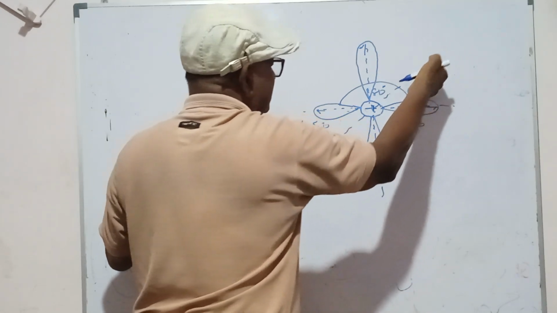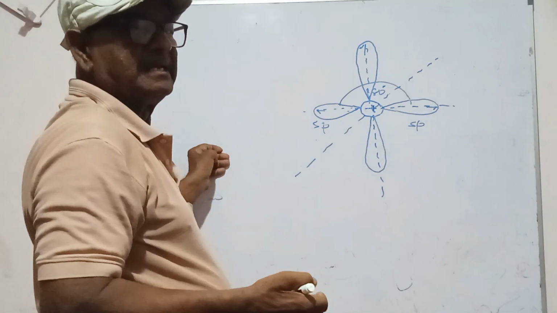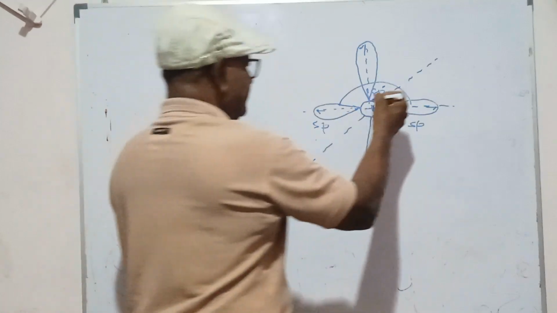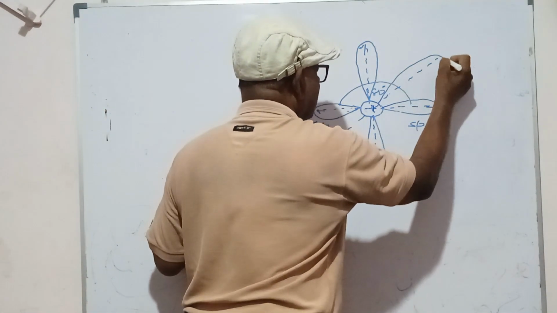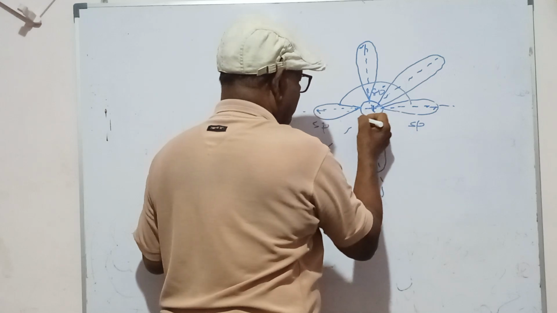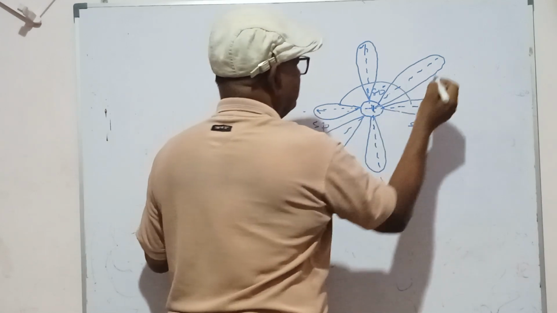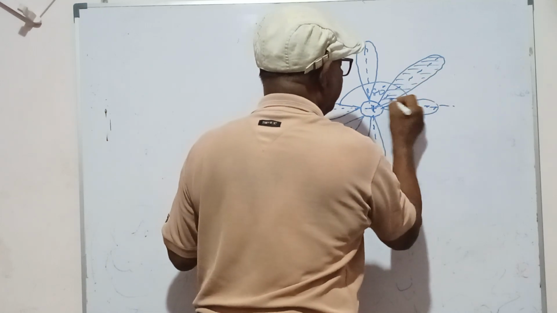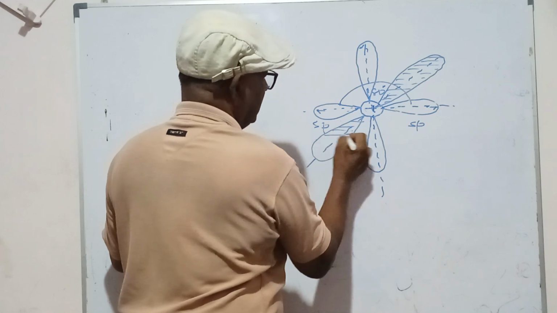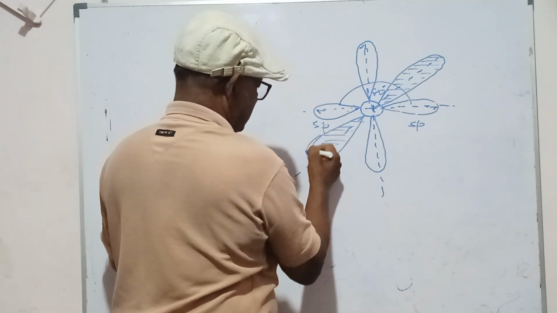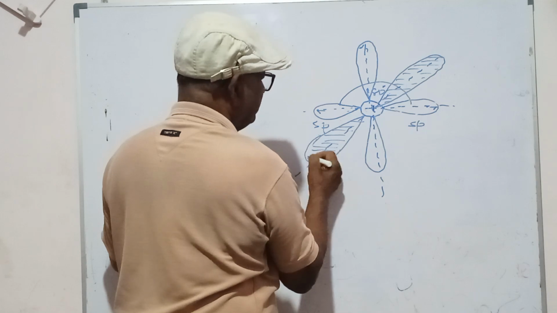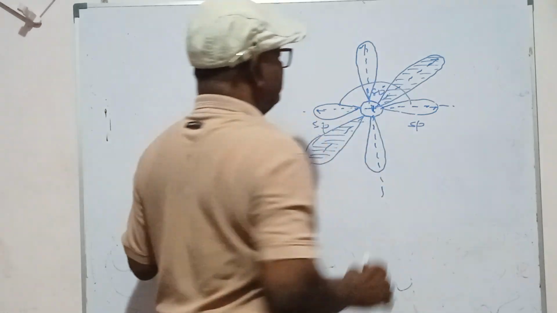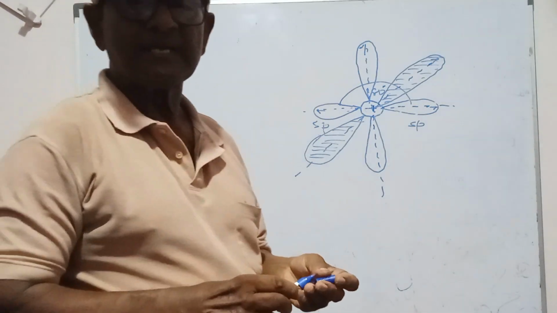This is the axis of the other unhybridized p orbital. So it is arranged like this. This also has an electron. This is the arrangement.